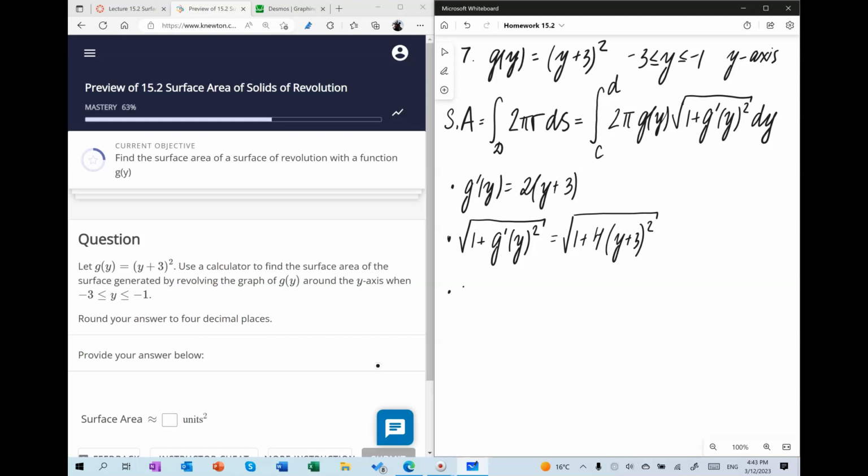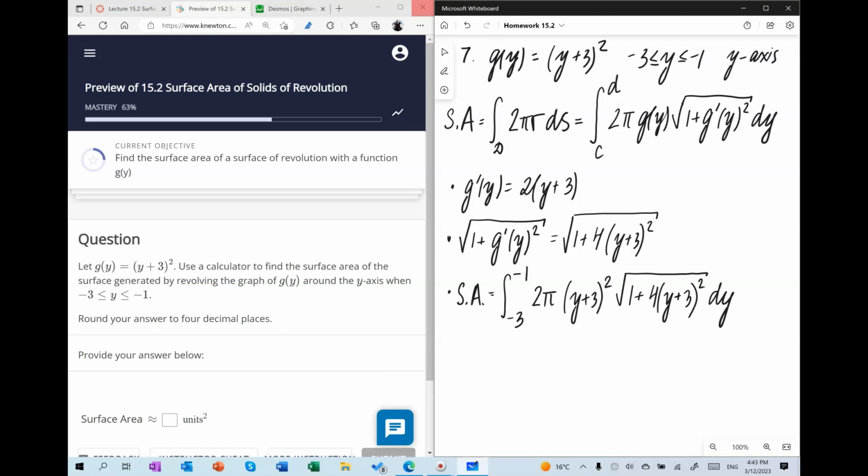And then we're going to set up the integral. SA stands for the surface area. And the integral will be from -3 to -1 of 2 pi (y plus 3) squared square root of 1 plus 4 (y plus 3) squared.